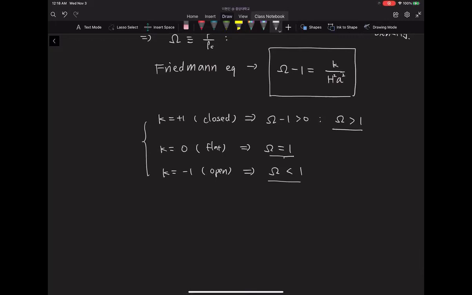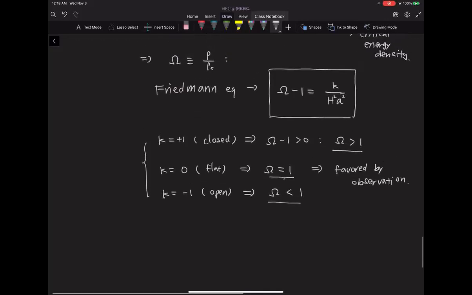According to the current observation, omega equal to 1, the flat universe, is favored, so we can ignore the spatial curvature from now on.